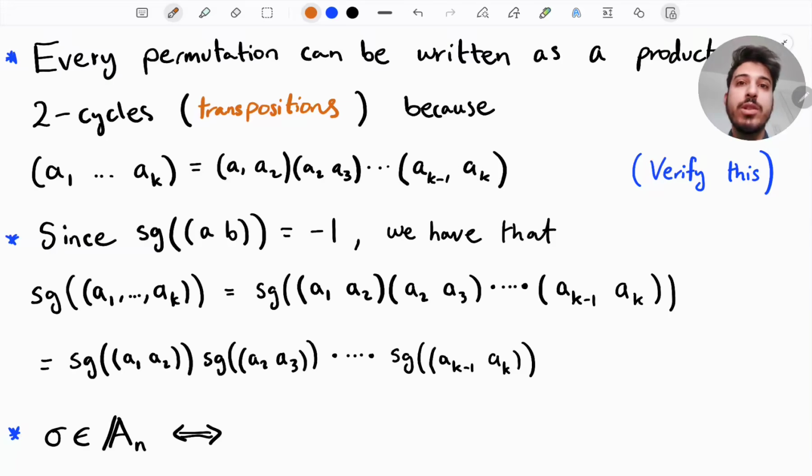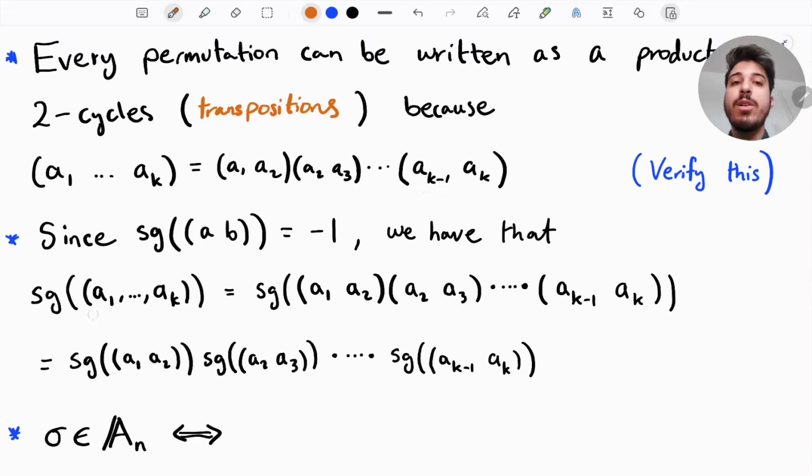Because in a transposition, we are doing a single row exchange until we get back the identity matrix. So if we do a single row exchange, the sign gives us -1 to the power 1, which is -1. So because the sign of a transposition is -1, we can look into the sign of any cycle to be the product of the sign of its transpositions, because any cycle can be decomposed into transpositions like that.